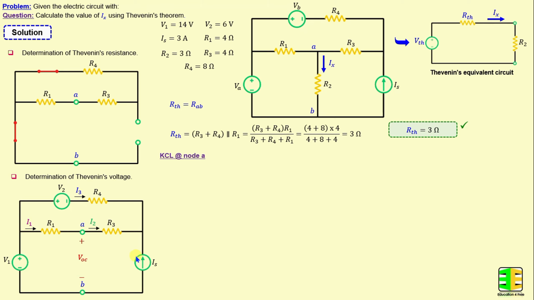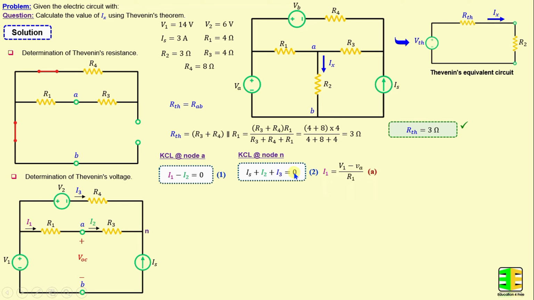By applying Kirchhoff's current law at node A, we can write I1 minus I2 is equal to 0. The current flowing in this direction is equal to 0 because we have an open circuit. Now, by applying Kirchhoff's current law at node N, we can write IS plus I2 plus I3 is equal to 0.